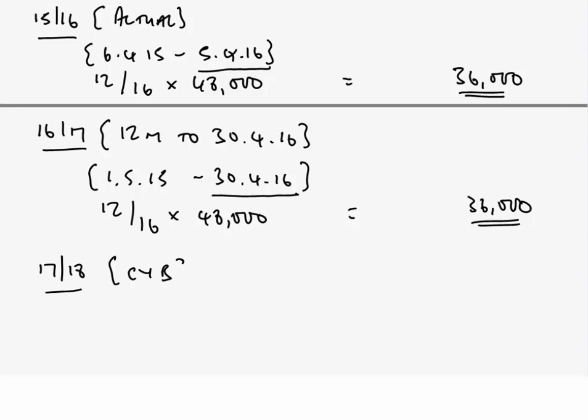By 17/18, at last, CYB. Which accounting year ended the 30th of April is that? Well, it's the first accounting year ended the 30th of April that we have, and that is 2017. And that profit was £60,000. Right.